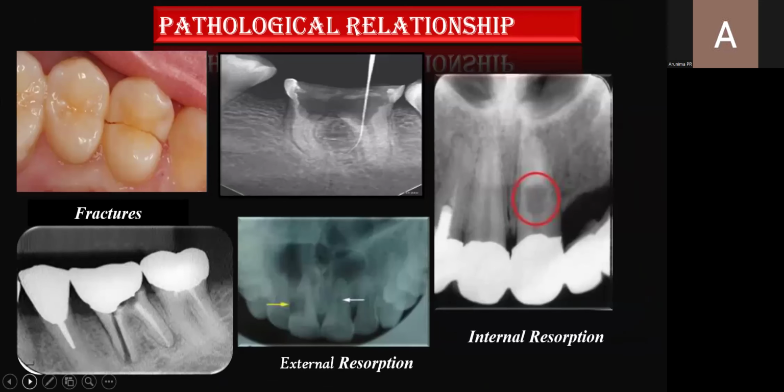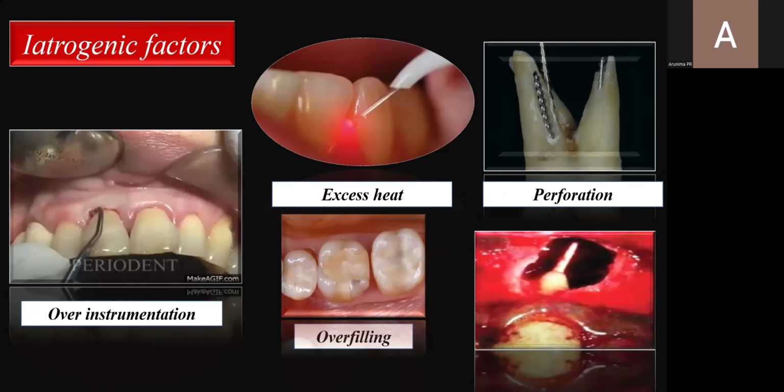Next come the pathological factors like root fractures, crown fractures, external resorption as mentioned in this radiograph, vertical fractures, and internal resorption. And the iatrogenic factors, for example, excess heat during cavity preparations or any dental procedures, perforations, overfilling, and over-instrumentation.